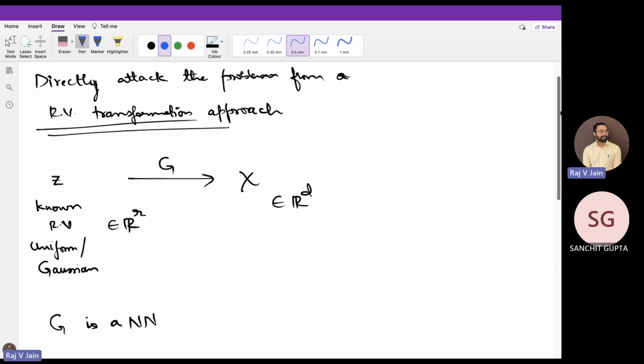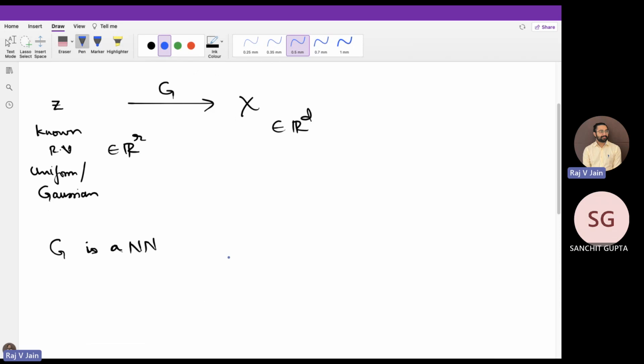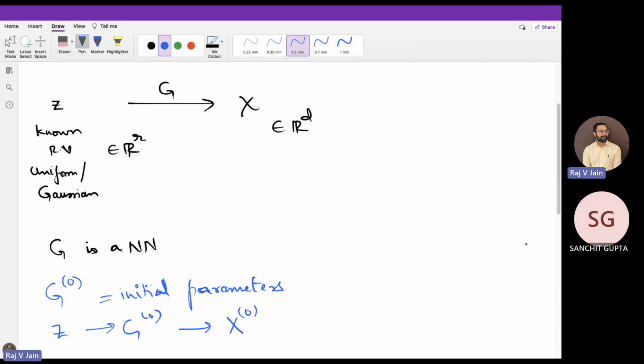Now, if it's a neural network, the idea is how do we go ahead and update, right? So the idea is this: g, I can initialize it, right? Because it's a neural network. So at the end of the day, let's say g, I'll say g0, the initial parameters, and then what I will do is I will pass all my possible z through g0, and I will get, let's say, X0, right?